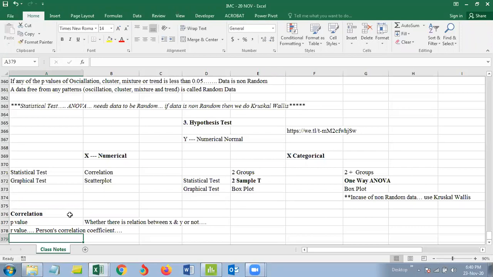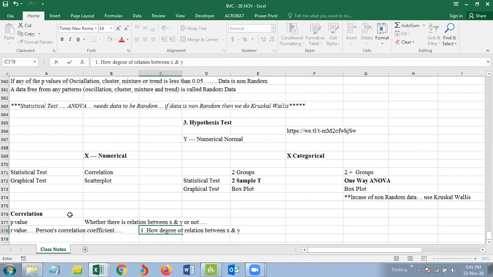It tells you two things. In case of Pearson correlation coefficient, first, it tells you how big is the relation, how strong is the relationship between x and y. So it tells you the degree of relation between x and y. Is it a weak relation?